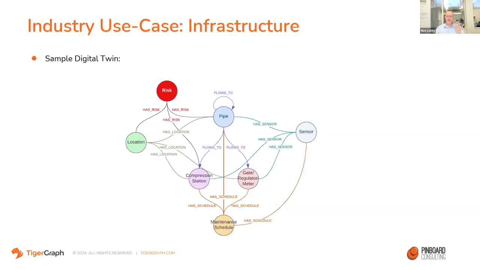Maybe it's near somewhere which is not geologically stable. There are parts of Southeast Asia where you have gas pipelines near earthquake zones, for instance, or you may have geopolitical risk. Not mentioning any particular parts of the world, but you could also flow back through your digital twin from, for instance, a geopolitical risk to a pipe or to a regulator or to a compression station.